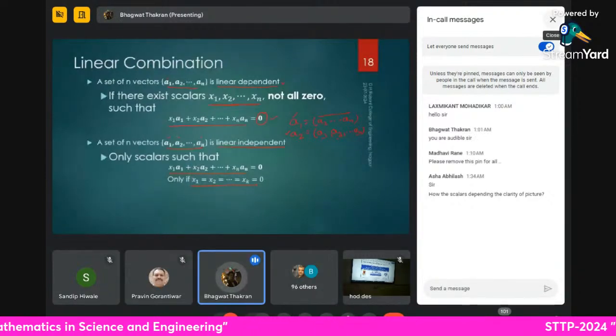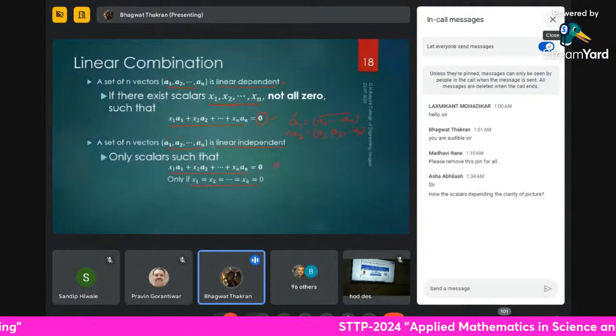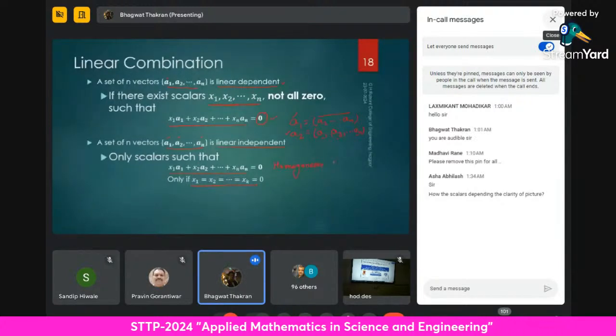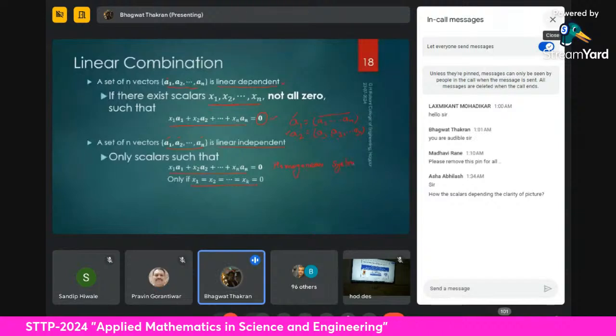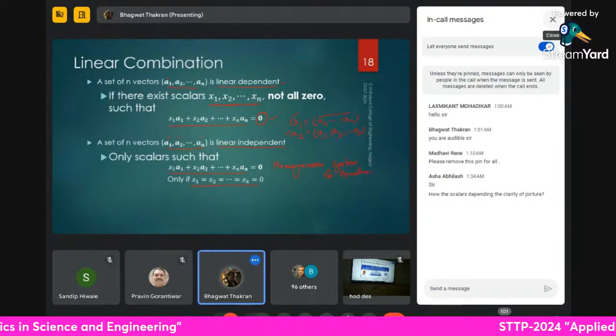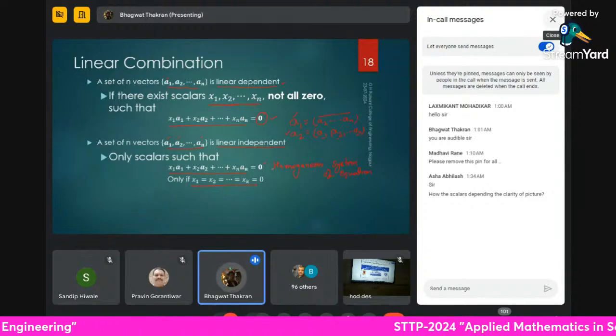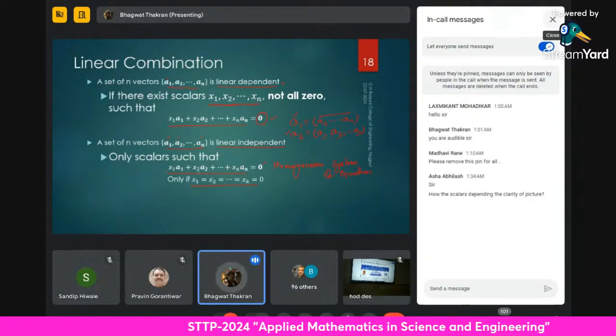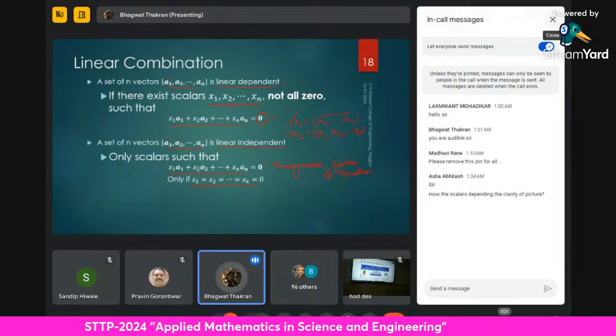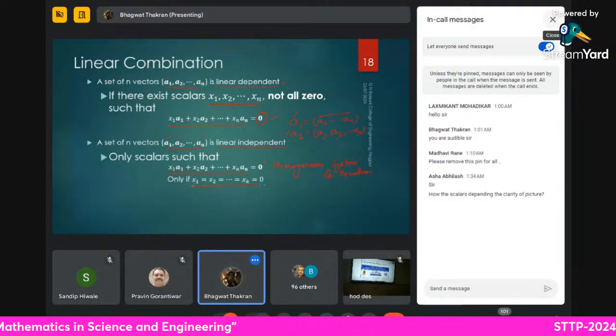So when I say linear combination and A1, A2, An are some vectors, then this linear combination always represents a homogeneous system of equations. It's always a system of equations but homogeneous. That means it does not have any constant value, right? And when we solve this, it will always give a unique solution, and that unique solution leads to all the scalars being zero.